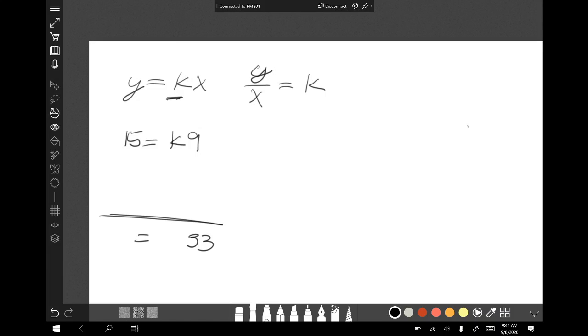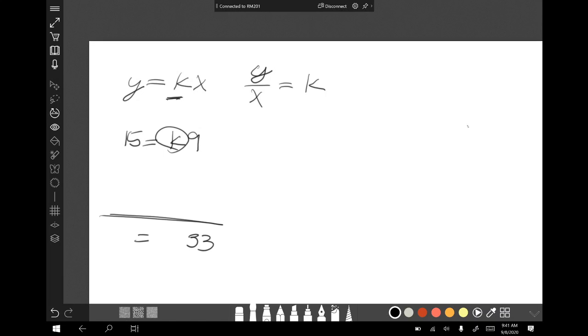Well, just like before, when x was 9, y is going to be x times a number k. And in the first case, 9 times that number makes 15. So let's figure out what that number is. I want to solve for k.